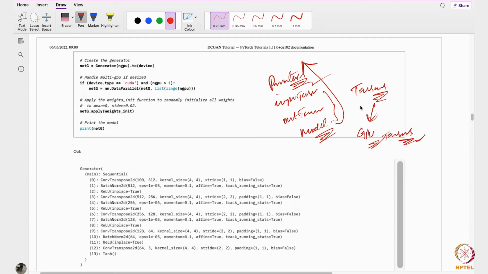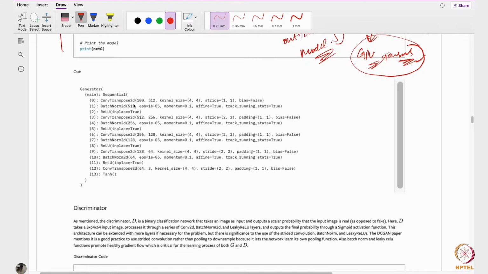This is the fundamental point. Whatever data you have, irrespective of the kind of data, even text, images, or anything else, everything should be converted into tensors. If you are using a GPU, those tensors should be converted into GPU tensors. This is what they are doing here.